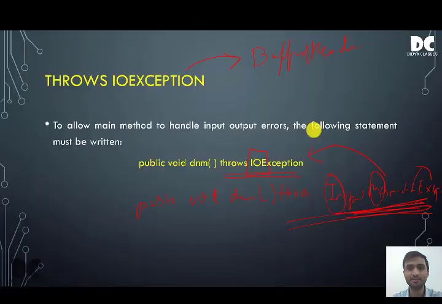So here, for example, it is written that you have to take a string value as input, but you are taking 5. Is 5 a string value? No, because you have not given double quotes. So this is wrong input. So here what will happen when you write throws, because this method DNM is not able to handle it.